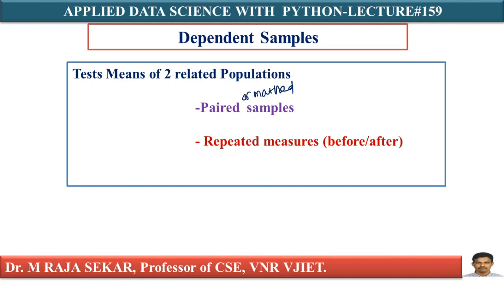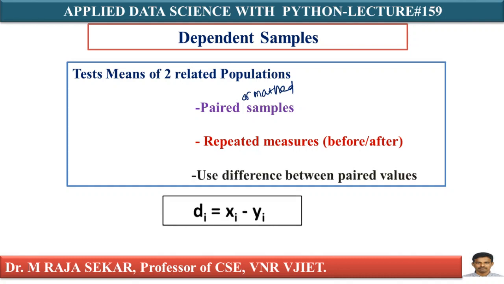We are collecting the data before and after. For example, the blood pressure of the same people before and after a dose. The two samples are dependent because they are taken from the same sample.